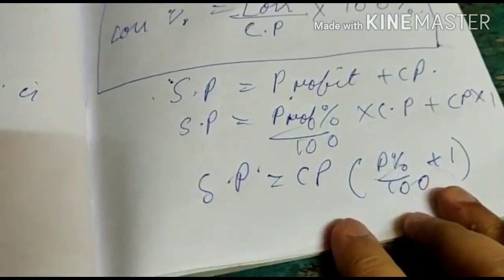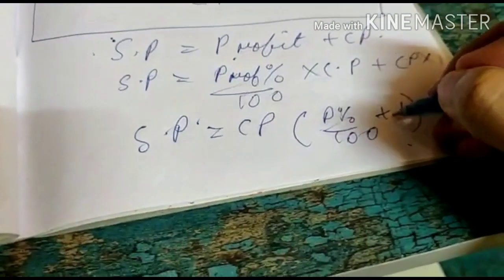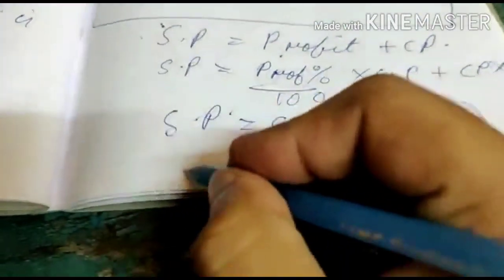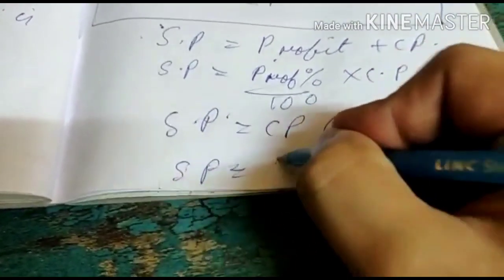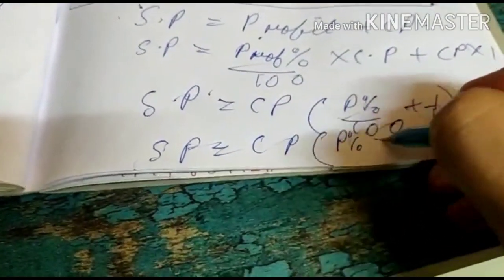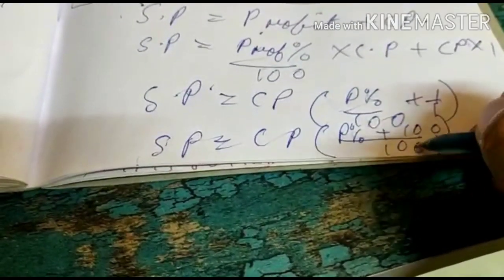Okay, this can also be written as, if you take LCM inside, SP equals to CP into profit percent plus 100 upon 100.